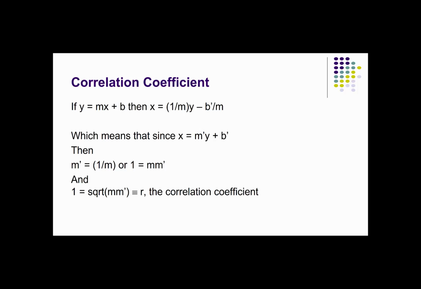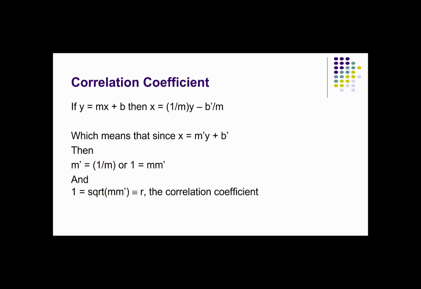And that is that 1 over m, the slope in the x equals 1 over m times y minus b over m equation, has to be equal to m prime in that second equation. In other words, m prime has to equal 1 over m, and that means that 1 has to be equal to the product of m and m prime, or if we take the square root of both sides, 1 has to be equal to the square root of m times m prime, and I'm going to define that to be the correlation coefficient.